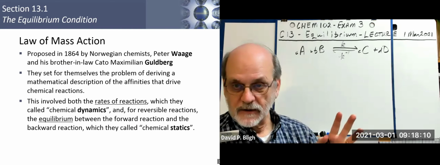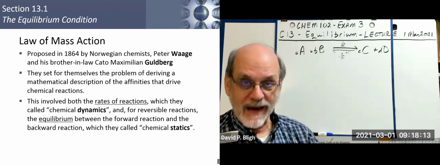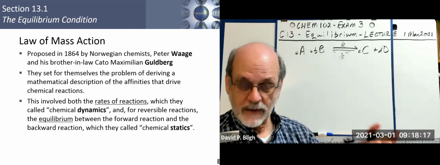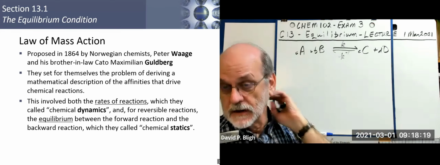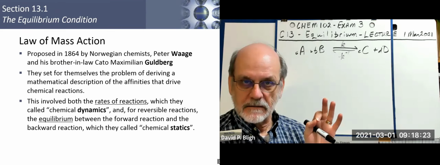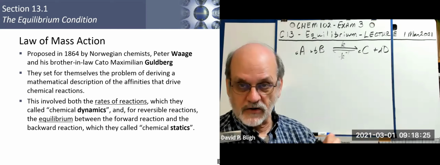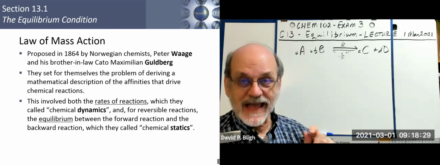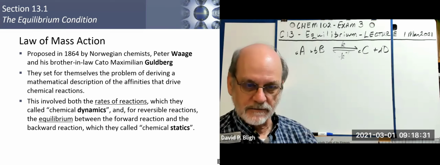And it's very simple. And it is derived from the balanced equation. Right? So that's convenient. Whereas with chemical kinetics, the overall reaction could not give you the rate law for that reaction. But the law of mass action can be derived from the balanced equation.